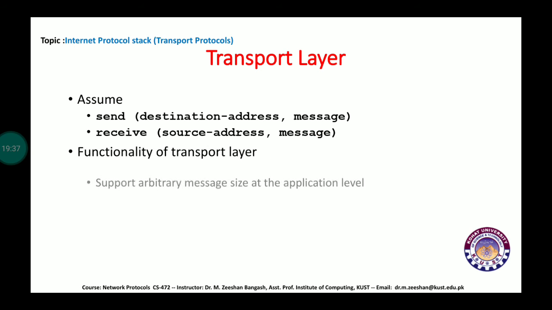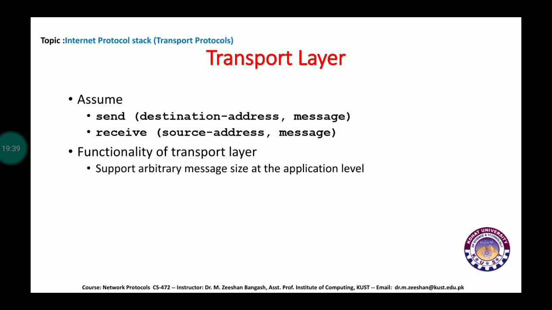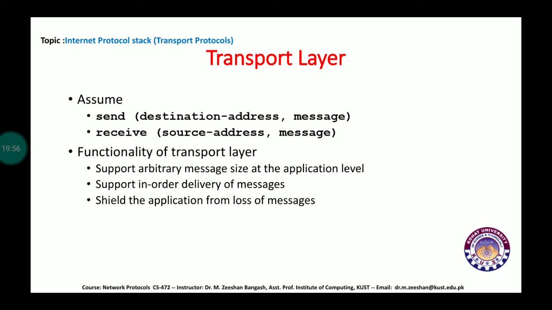So the functionality of the transport layer is to support arbitrary message sizes at the application level. Another functionality of the transport layer is to manage out of order delivery of messages to make it in order delivery of messages. It also protects the application from the loss of messages.